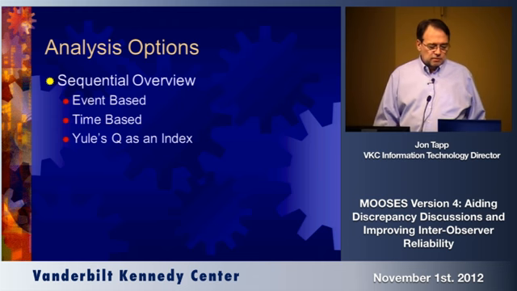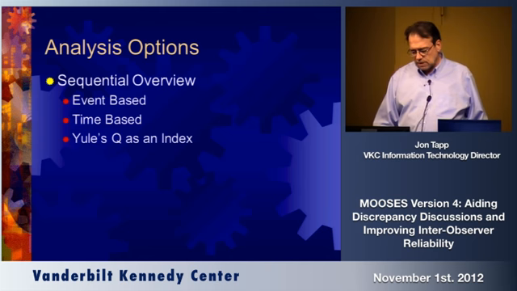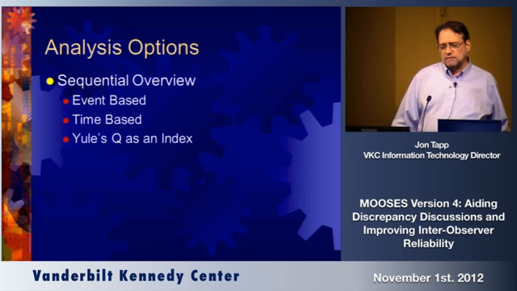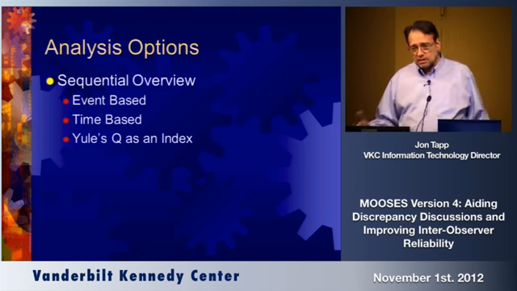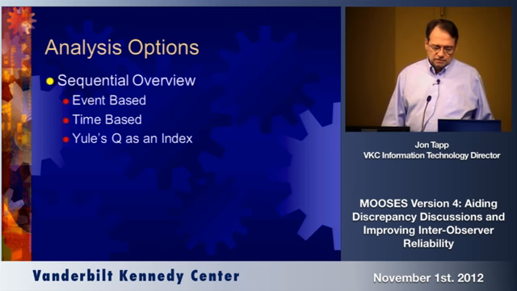So we have the window method that we've done a lot of research on, and that's in the book. And then we use Yule's Q as an index of the level of this relationship of sequence. And then there's a z-score, which is an indication of the validity of the power or the validity of the Yule's Q. Is that about right, Paul?